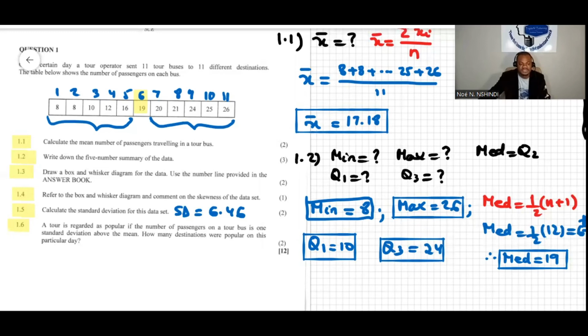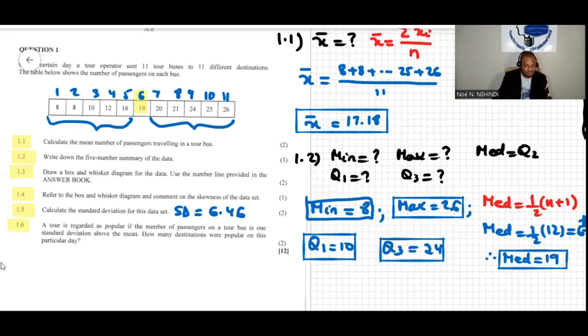How many destinations were popular on this particular day? Because it says above the mean, this is what we're going to do.